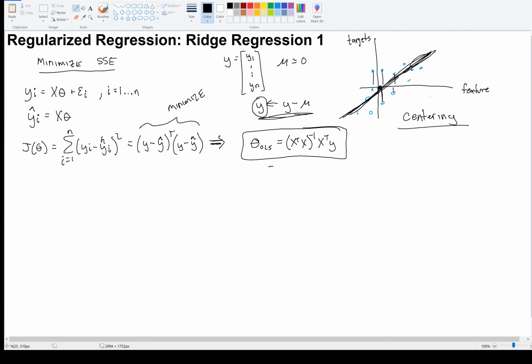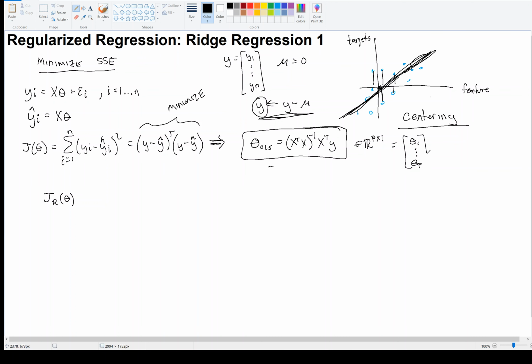Now what are we going to do? Well, with ridge regression, remember, the number one goal is to reduce, not minimize, the components in theta. This gives us a p by 1 vector, theta 1 through theta p.